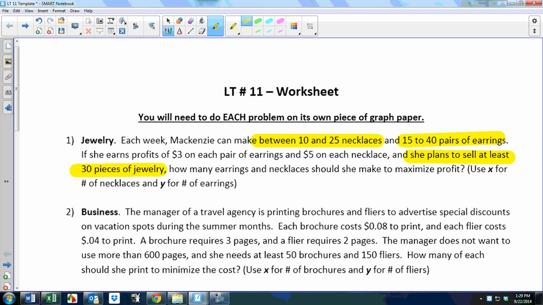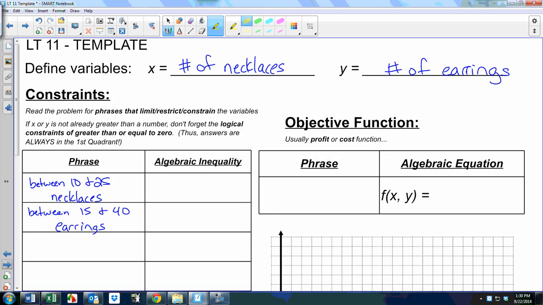And pairs of earrings only count as one. That's something I should have addressed a long time ago, but a pair of earrings is just going to count as one thing sold, okay? So at least 30 pieces of jewelry.